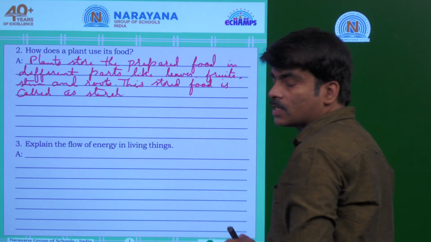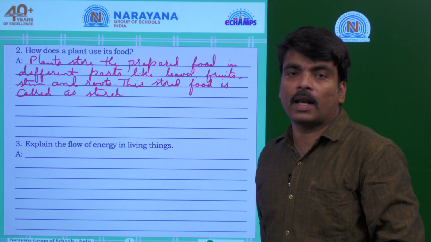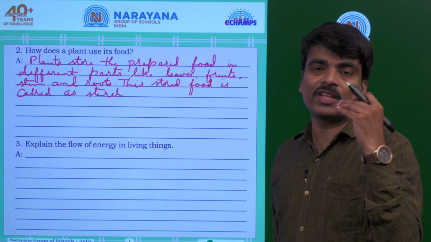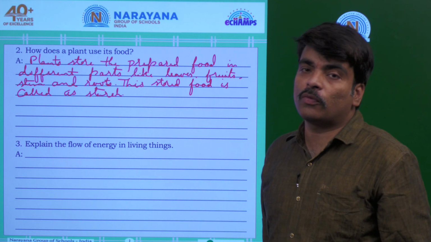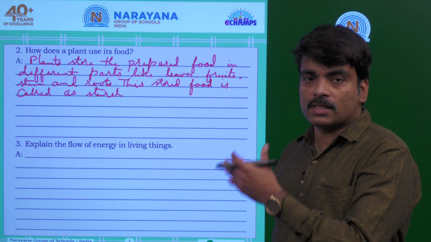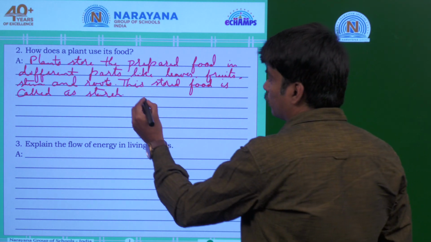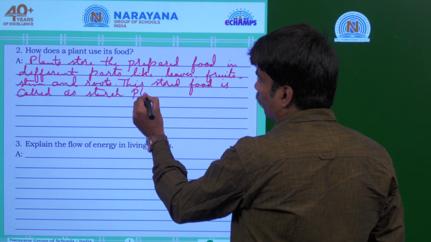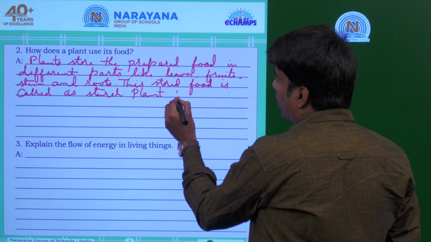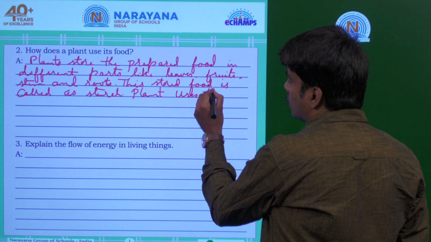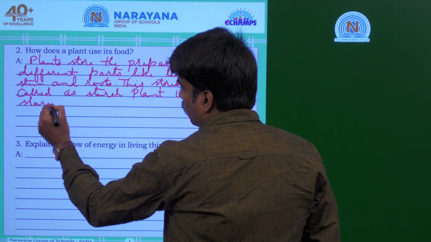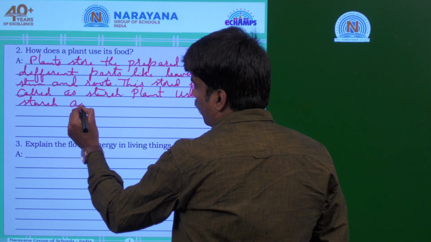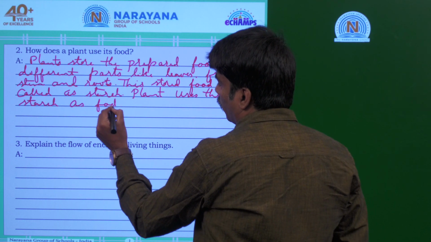What will the plant do with this starch when there is no sunlight, that is, when the plant is not participating in photosynthesis? When photosynthesis is not performed, the plant will utilize this starch as food.